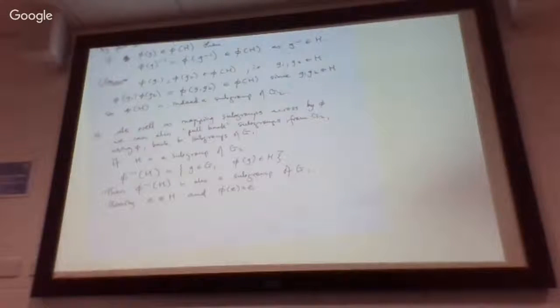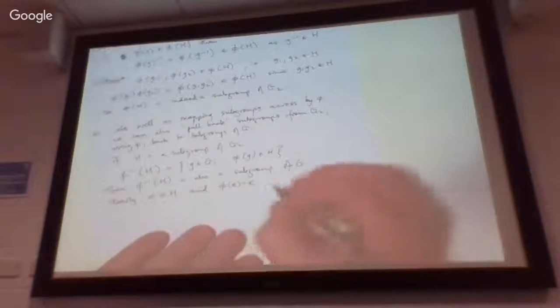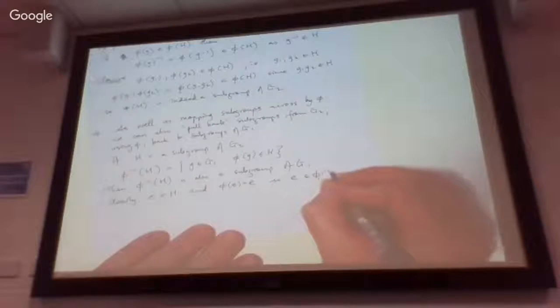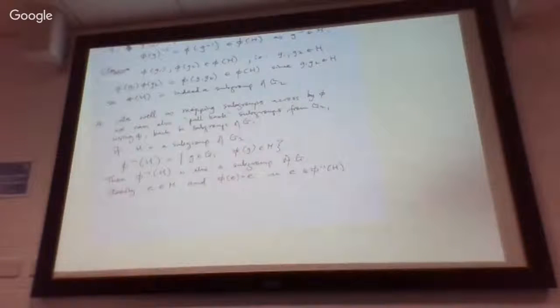Those are different e's there. The e on the right is in the group G2. The e on the left, inside phi of e, is the identity in G1. So this means the identity in G1 is an element of phi inverse of H, because phi of e is inside H. So it has the identity.